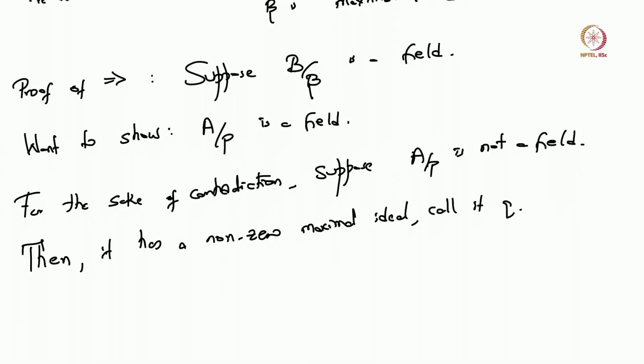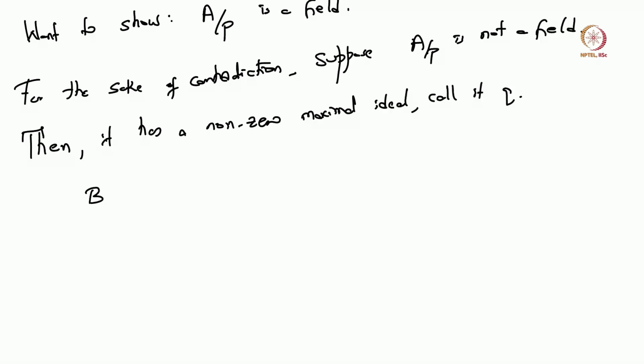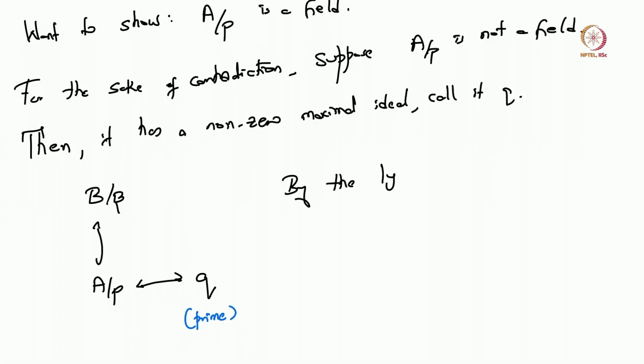So again, just drawing the diagram, we have A over P sitting inside B over beta, and we have little q, which is a prime ideal of A over P. And now to this setup, I'm going to apply the lying over theorem.